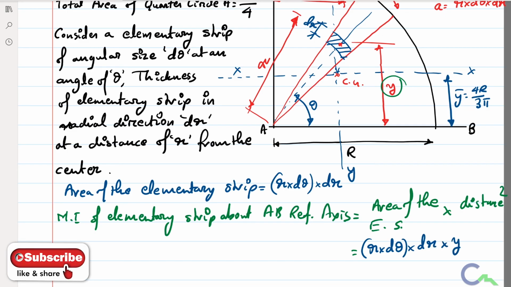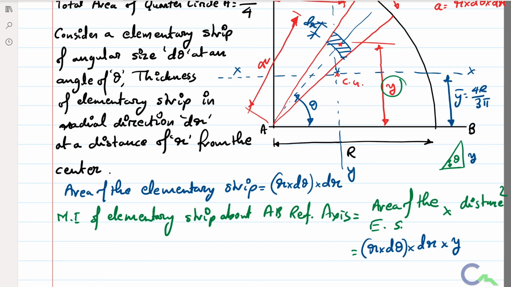But I want to calculate that y value. For that I will consider one triangle like this. This angle we have taken as theta. So this will be y, this is r, then x. From the last three derivations we are doing the same thing.